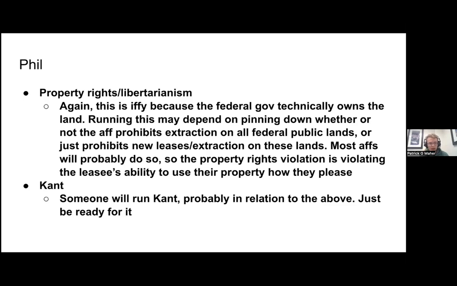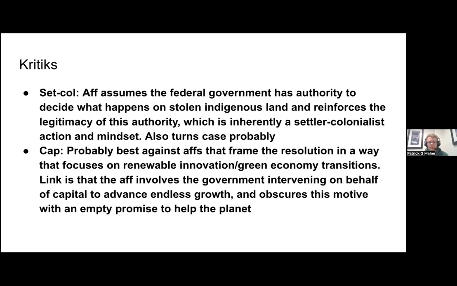Onto the critiques. I think there's really three main areas of K, maybe four, that are specifically relevant to this topic. The first is going to be settler colonialism, which is going to be huge, especially since on the policy water topic, there was already a ton of research done on federal public land and on mineral extracting on federal public land and how that affects the waters, which affect indigenous people.